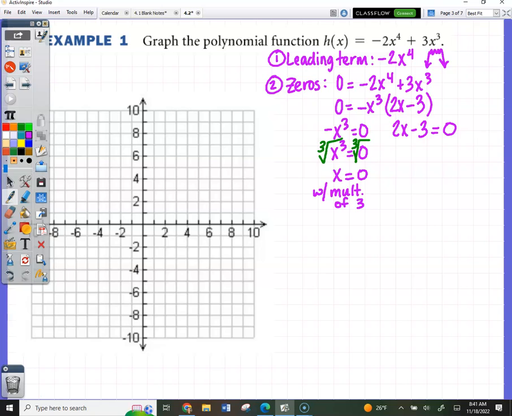Do you understand where the multiplicity of 3 comes from? What does that mean? Well, I'm going to show you when I get to the graph. It matters. So this one I'm going to solve. Divide by 2. Did you have any good notes on that? You get 3 halves, which is 1 1/2.